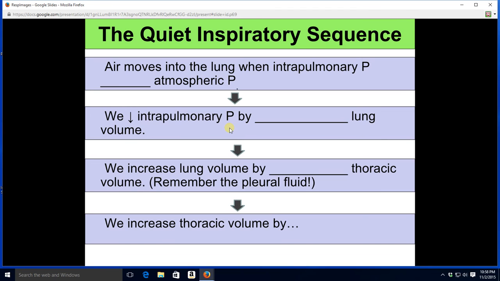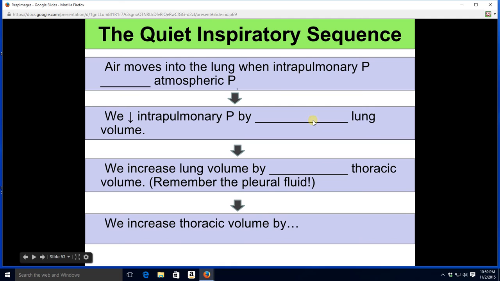Okay, air is going to move into your lungs when intrapulmonary pressure is less than atmospheric. So make a less than sign right there. Atmospheric is the greater of the two. Now, we're going to decrease intrapulmonary pressure by increasing lung volume.